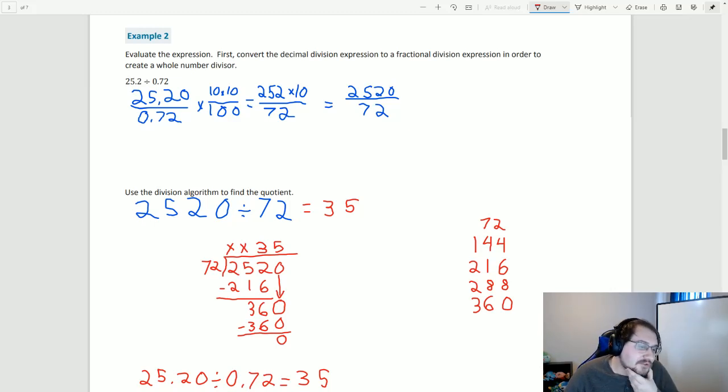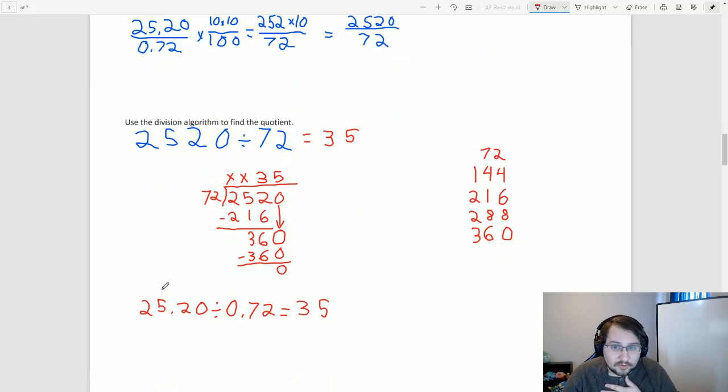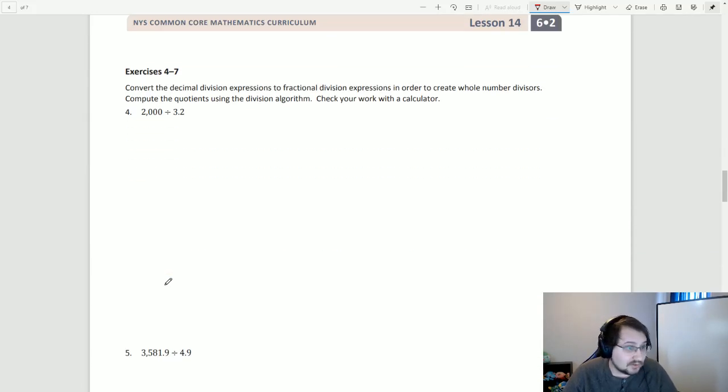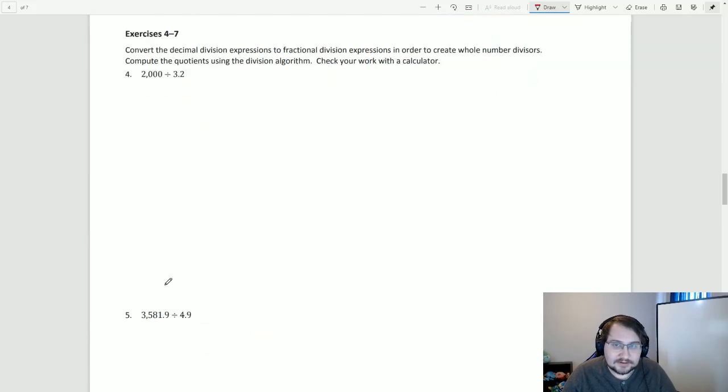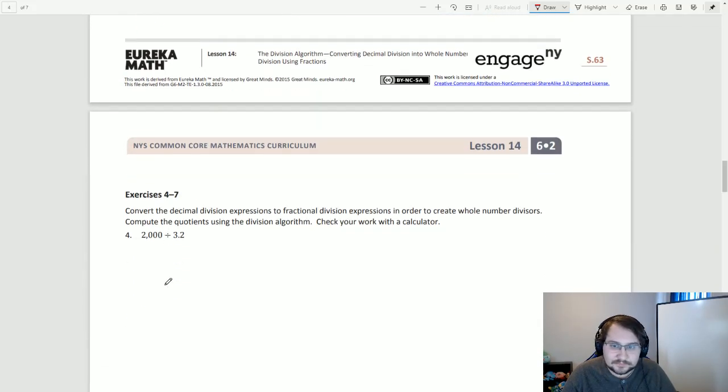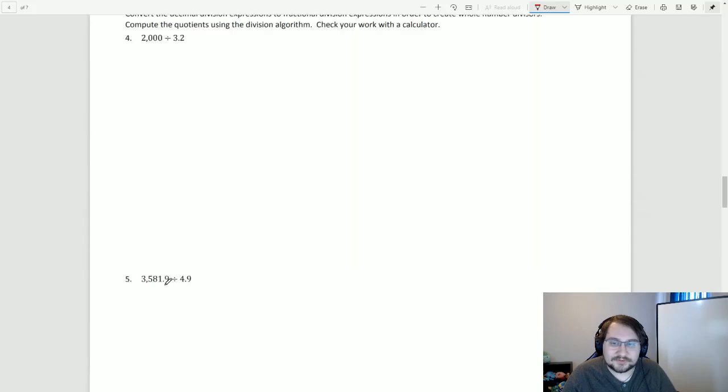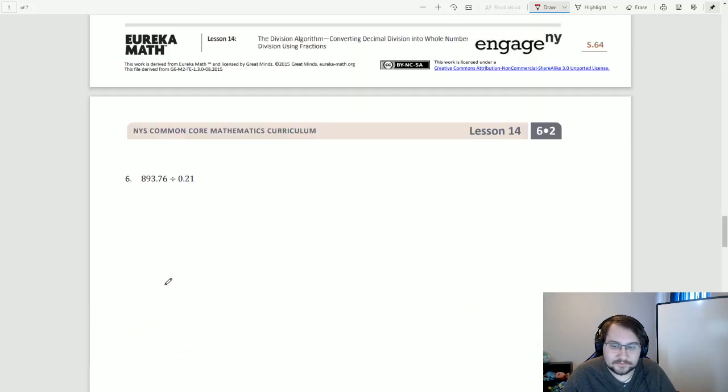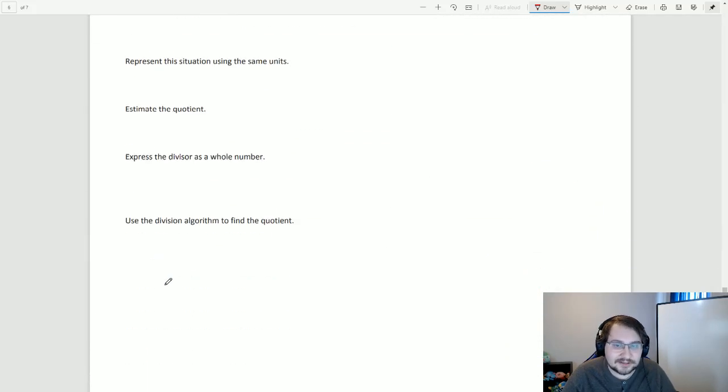So, well, I'm sure that some of us are sitting here and being like, well, I want to practice this. I don't want to just sit here and have you tell me what to do. I want to do this on my own. Oh, then go right on ahead. So in this lesson, there's examples 4 through 7. 4, 5, 6, and 7. And then there's example 3.